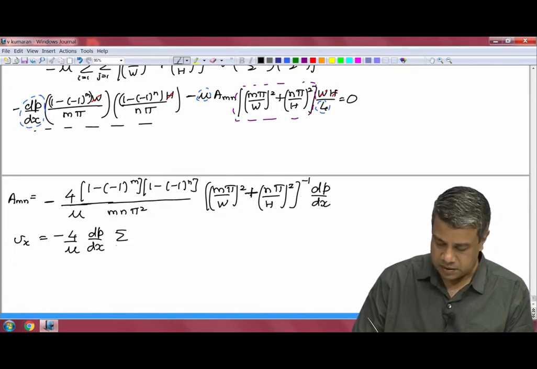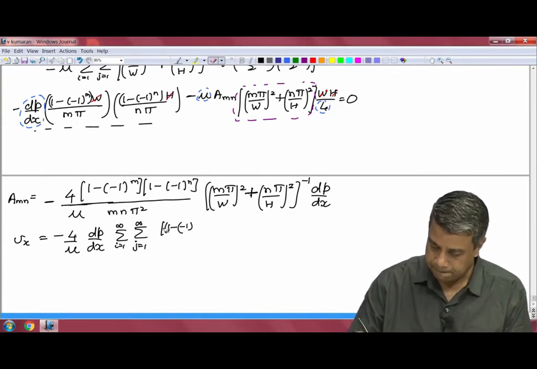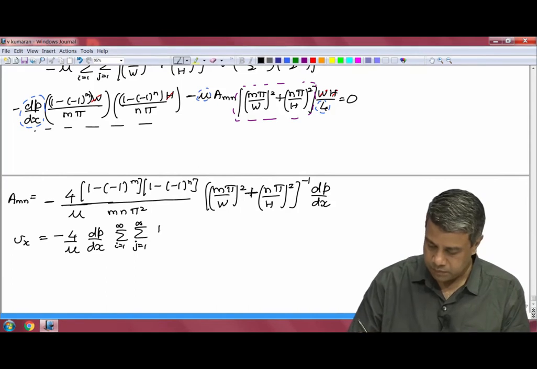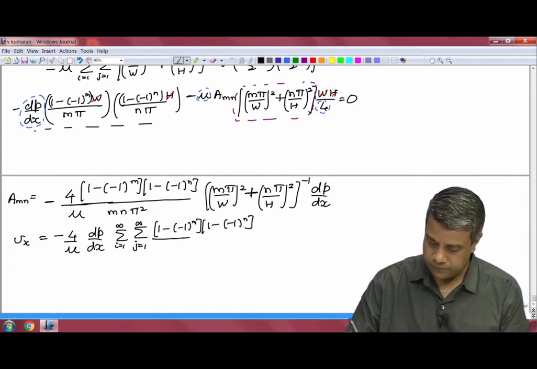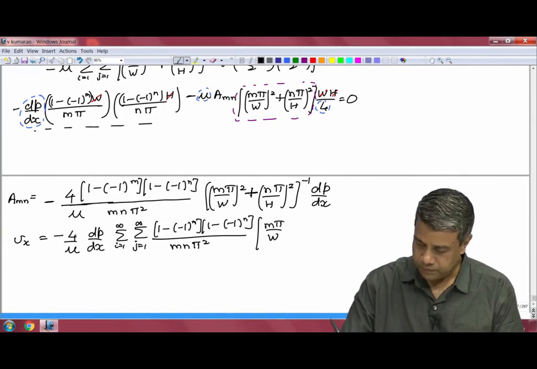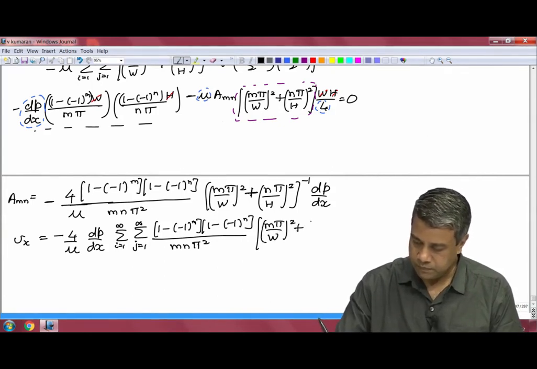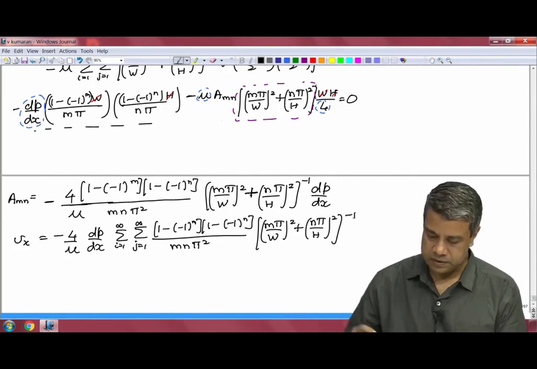Summation i is equal to 1 to infinity, whole inverse.